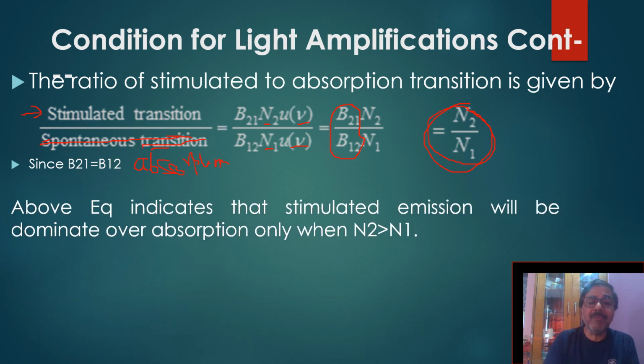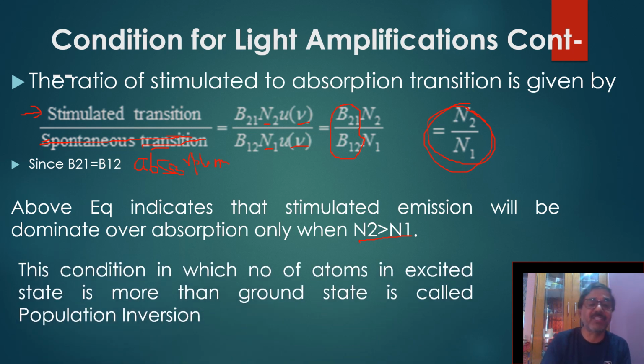The above equation indicates that stimulated emission will dominate over absorption when N2 is greater than N1. That is, in the excited state we have more atoms than in the ground energy state. This condition is called population inversion.